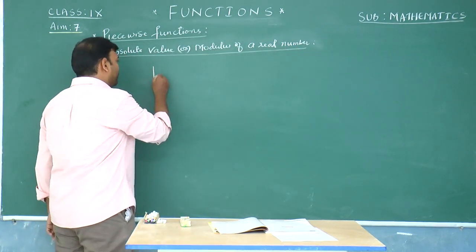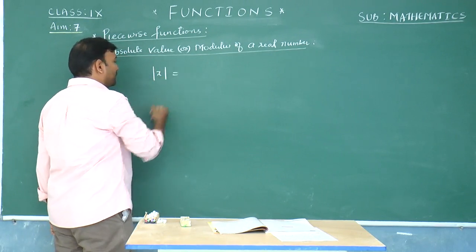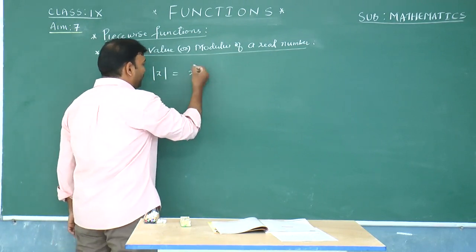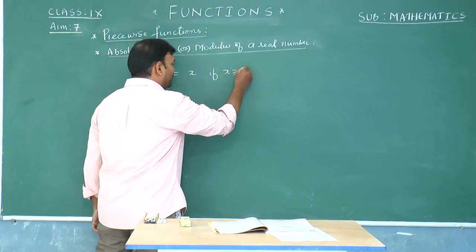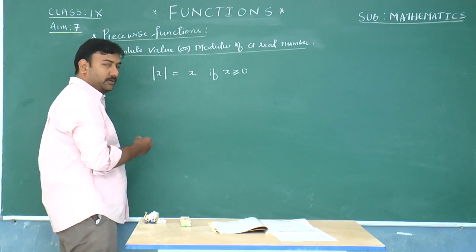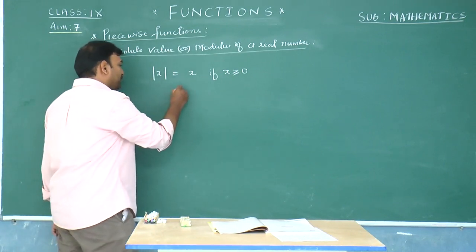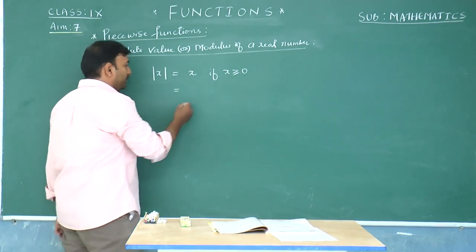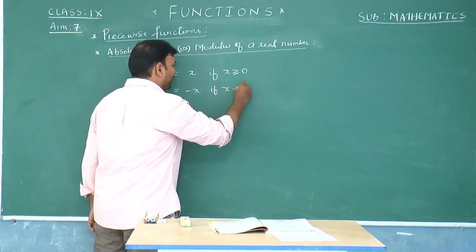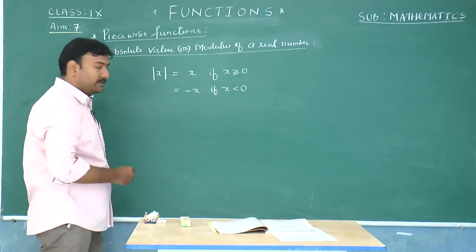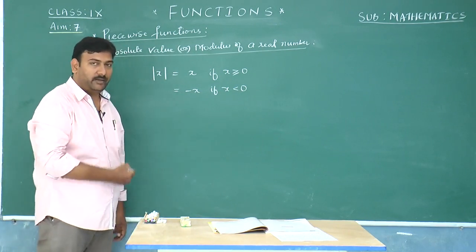The absolute value of any real number x is going to be the number itself whenever x is a positive number or a number equal to 0, whereas the absolute value of a real number x is going to be equal to minus x whenever x is negative. So this is the definition of modulus of a real number.